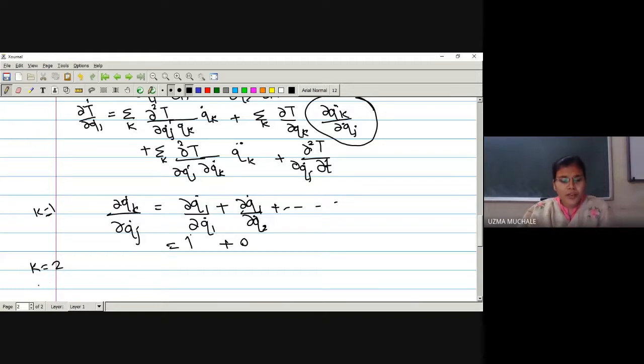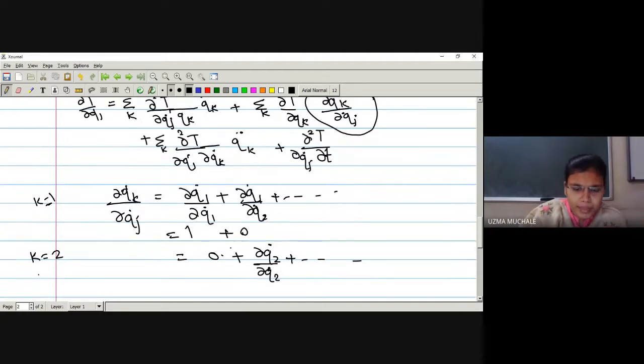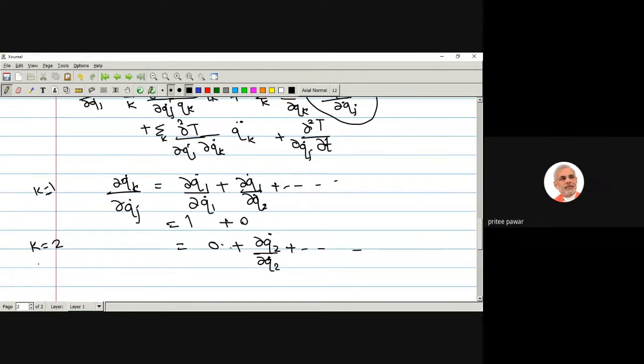In the second term, the first term is 0, and the second term is q2 dot with respect to q2 dot, which will be 1. All other terms will again be 0.